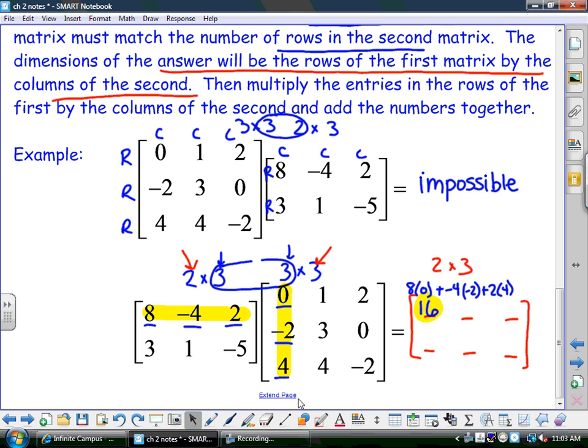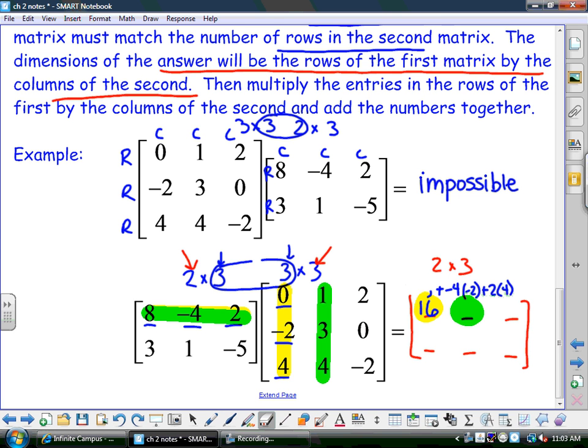Then I want to get maybe the number that's still in the first row but now in the second column. So I'm still going to use the first row, but I'm going to move to the second column of the second matrix. And I'm going to go through that process all again.